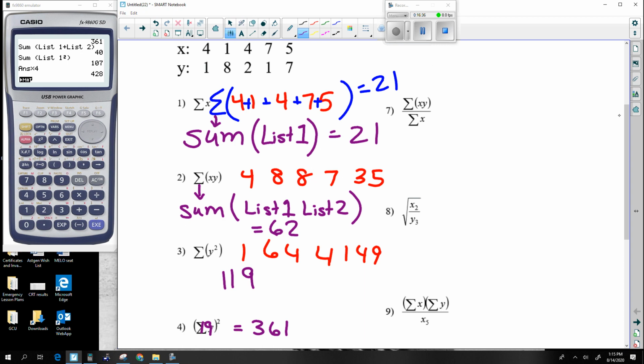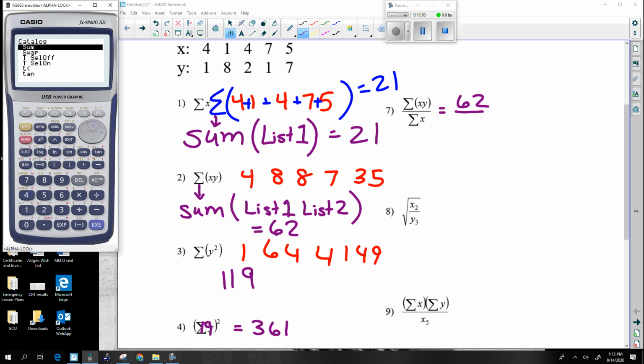Seven is the sum of xy, over the sum of x. And thus that's 62 divided by 21.